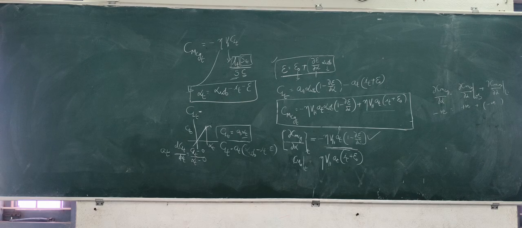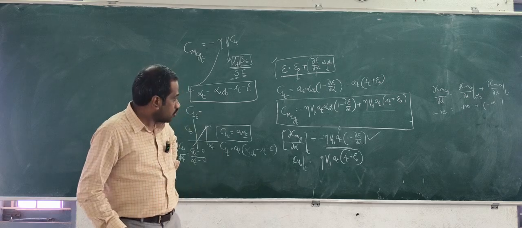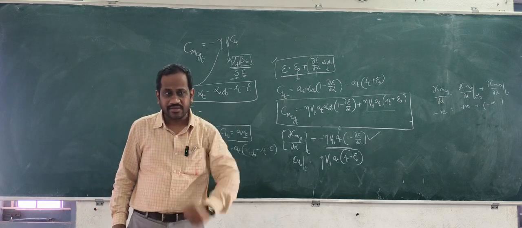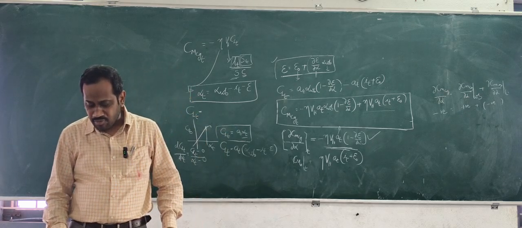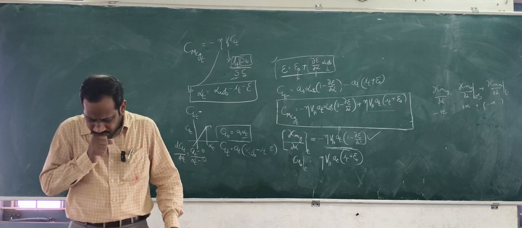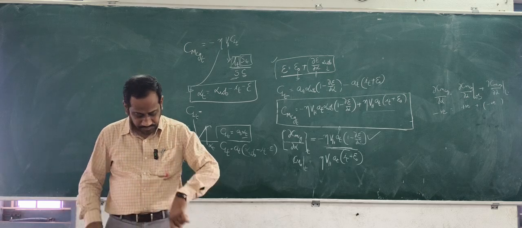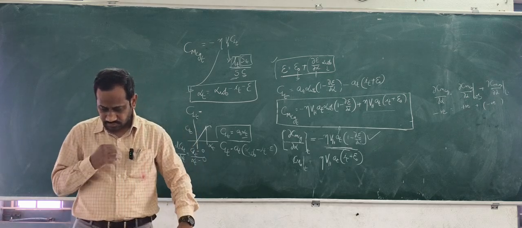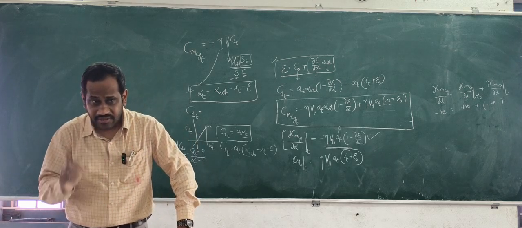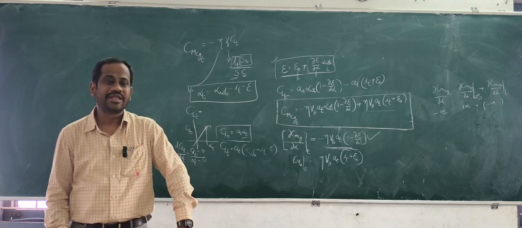More importantly, write down: dou Cm by dou alpha t will become more negative by increasing the tail moment arm LT.